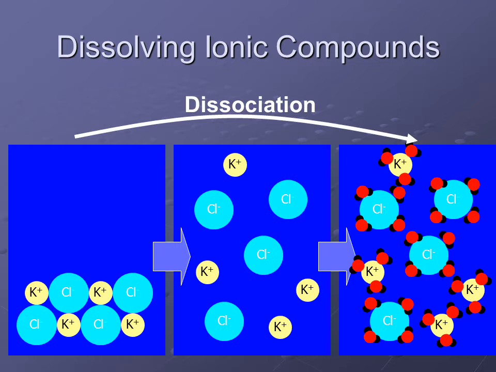The other is not only breaking up the crystal lattice, but also the association of water molecules with these now dissociated ions. You just have to figure out from the context of the sentence what exactly the speaker means.